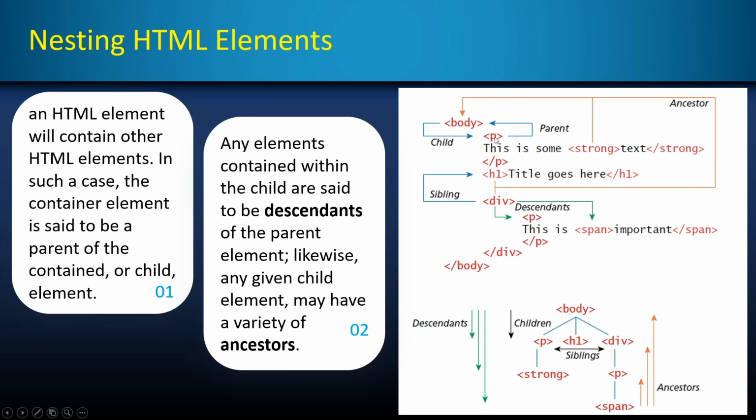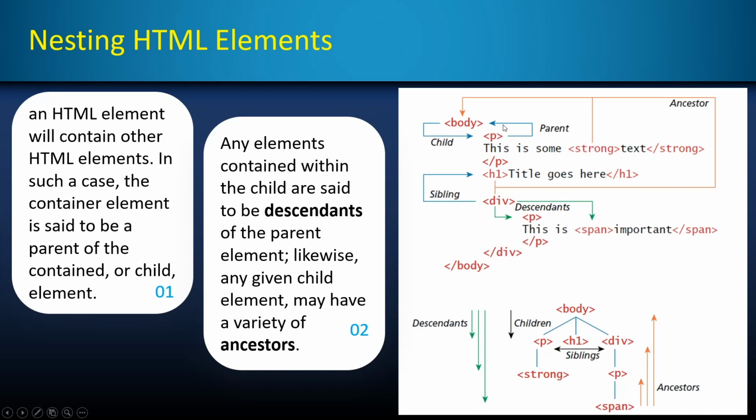If you have another nested element, see in this paragraph we have a strong tag and it is under P. For the strong, P becomes the parent, and the body becomes an ancestor. For body, this paragraph tag P is a child, and this strong is a descendant.